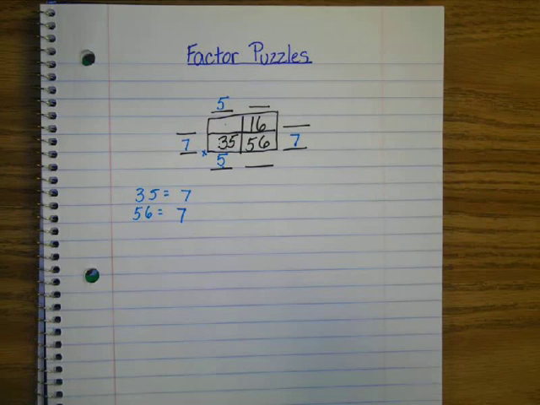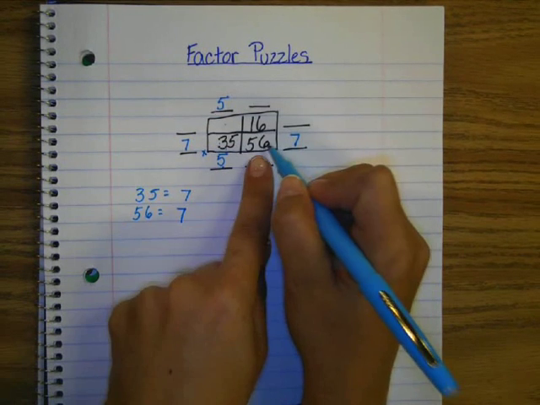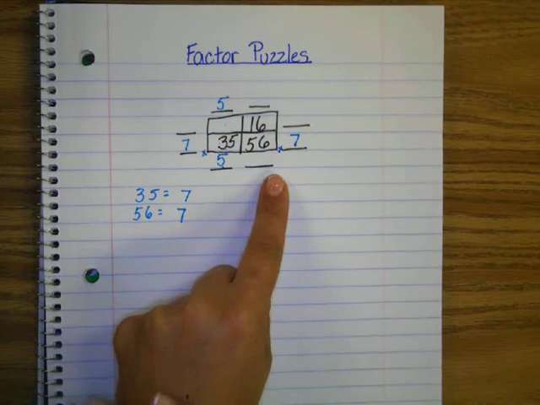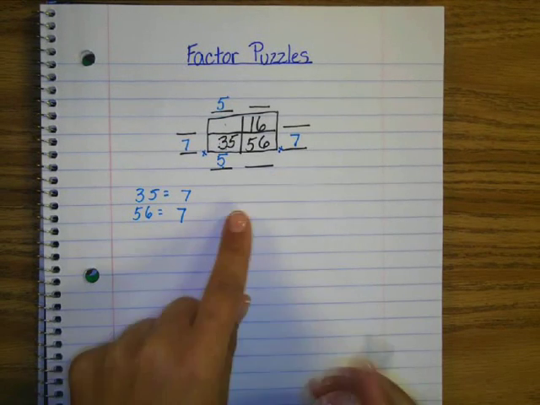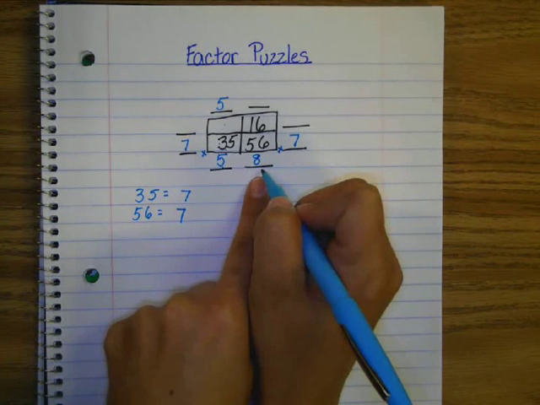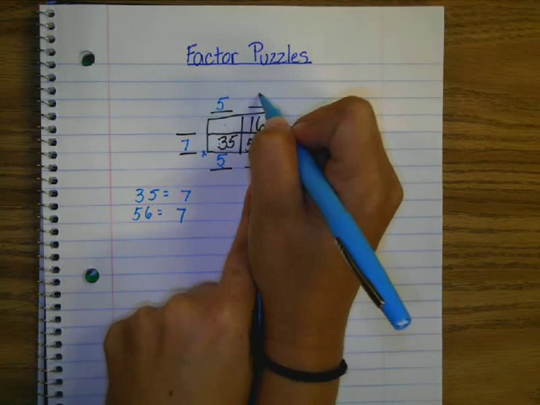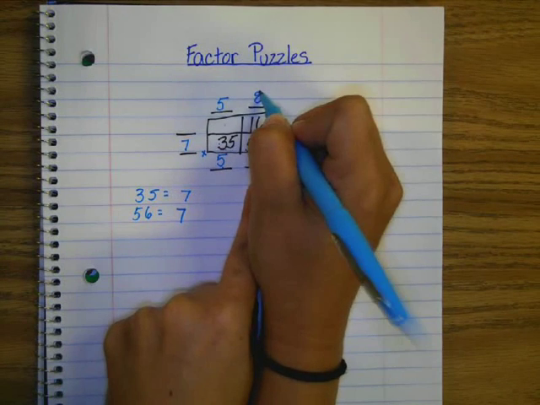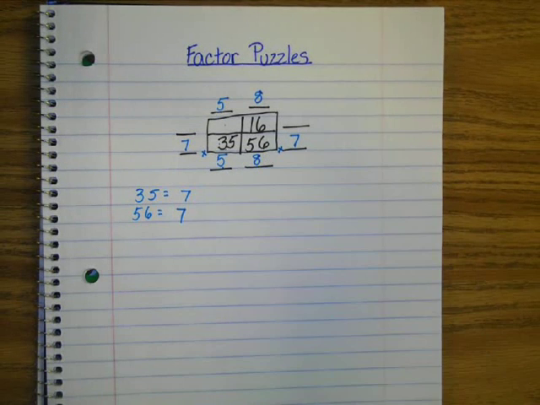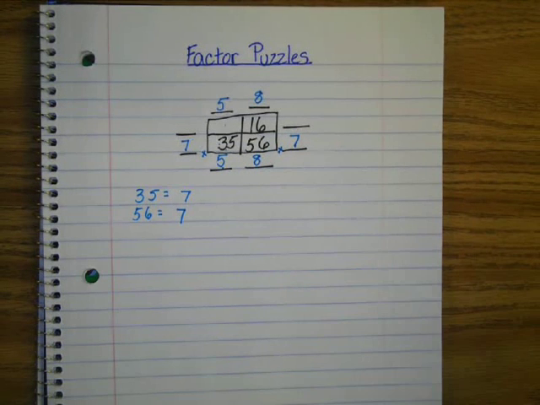So I'm going to put another 5. Okay? Over here, I'm going to think to myself, 7 times what is 56? Rebecca. 8. Very good. If I put an 8 here, I'm also going to put an 8 here. Okay? 7 times 8 is 56.